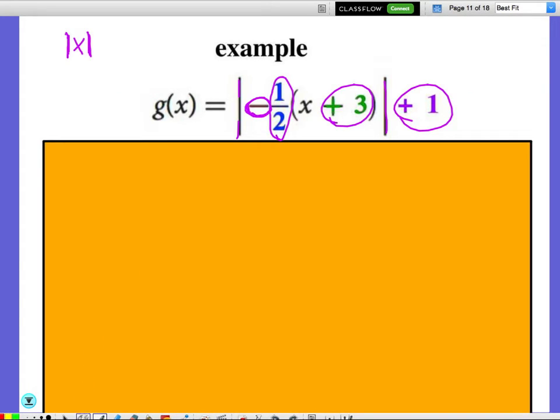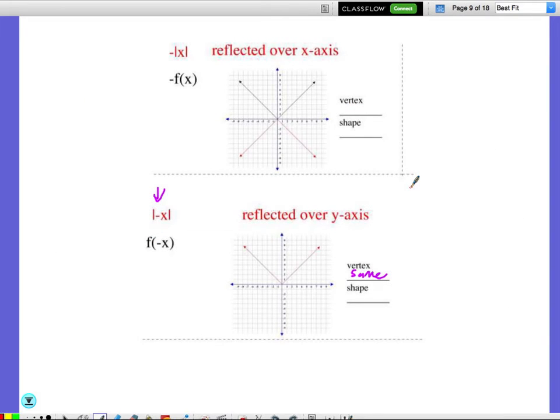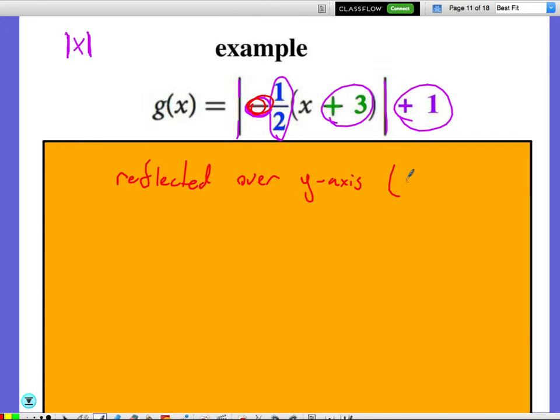So I'm going to go ahead and write, I'm going to use red for this one, and it's reflected over the y-axis. And I want to make a note. Is it going to change the vertex? Nope, it's going to stay the same, so I'm going to write same.